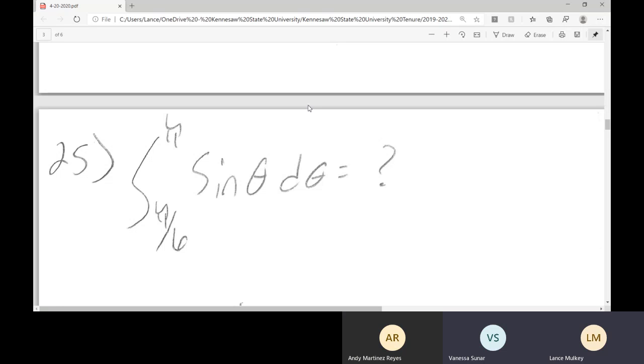What do you mean, like the theorems? Yes, like the mean value theorem, the fundamental theorems. Like for the constant multiple and summations?